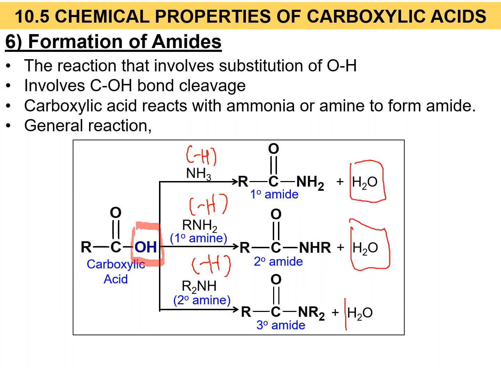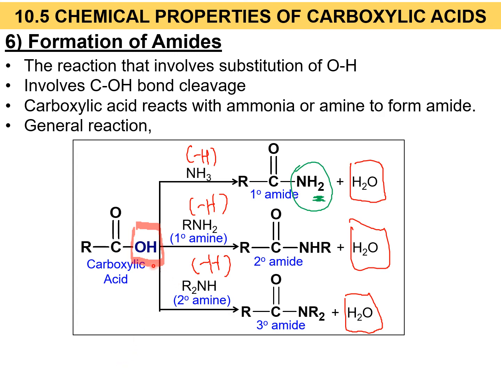Okay. So what will happen here? Contohnya kalau carboxylic acid still react dengan NH3, bila kita buang satu hydrogen of the ammonia, kita akan dapat NH2. Okay. Kat sini dia berkurang dia punya hydrogen. Okay.